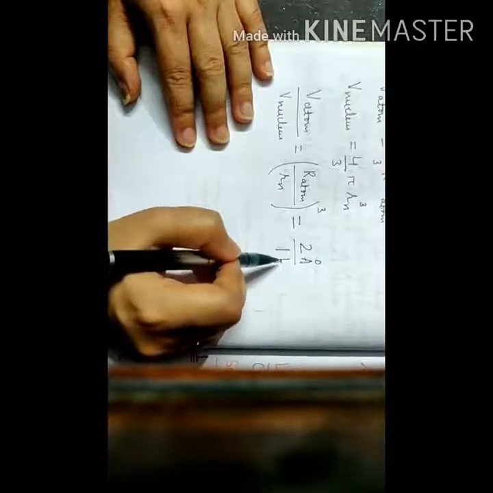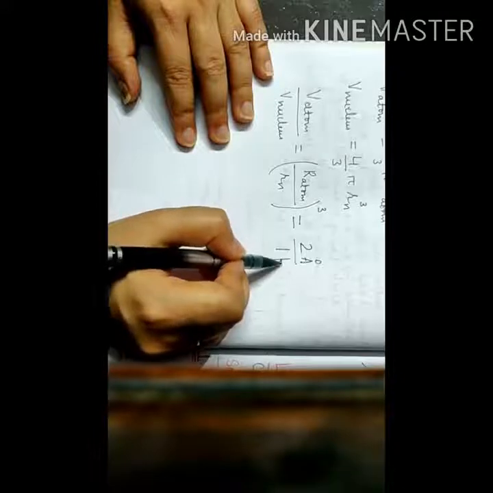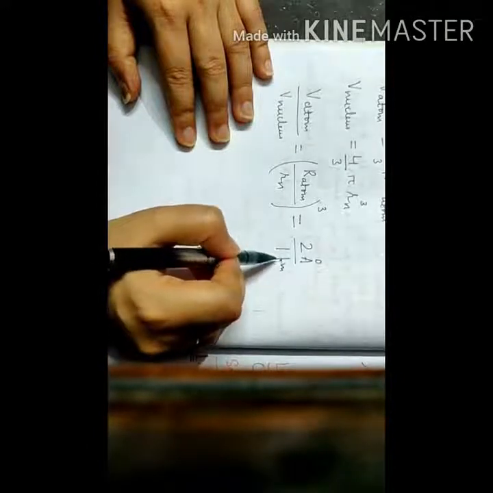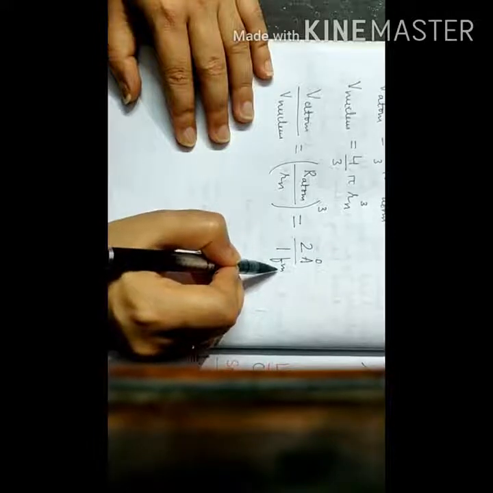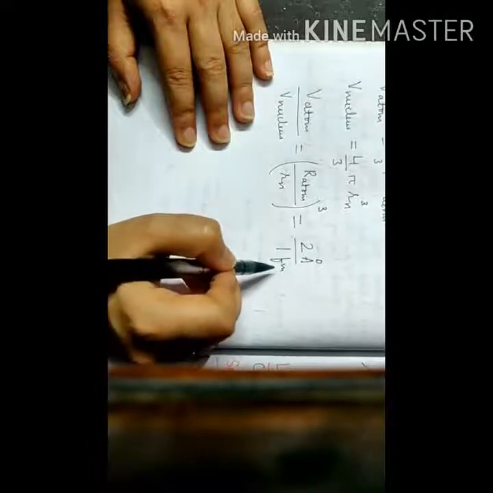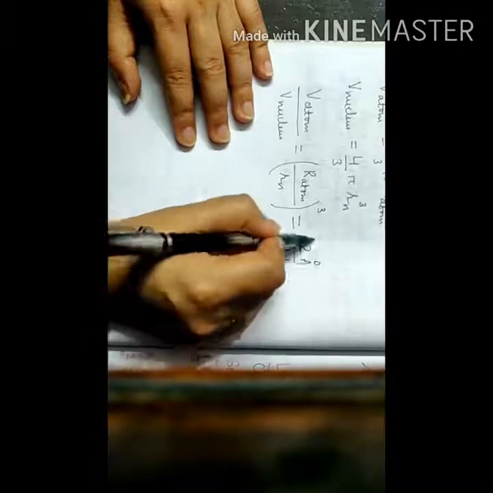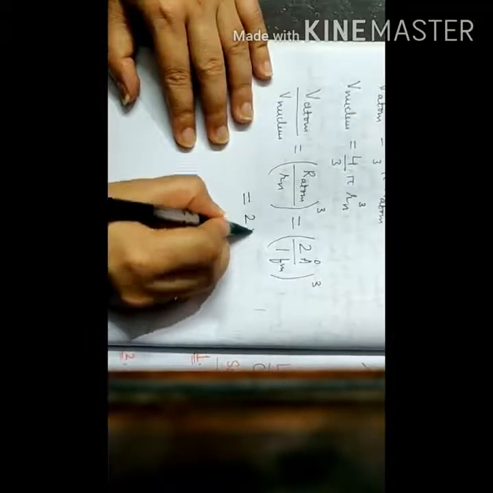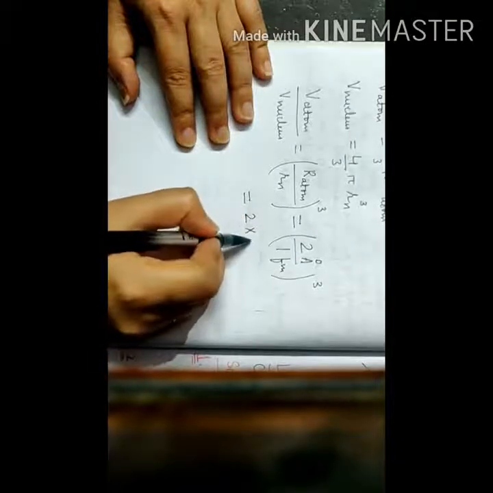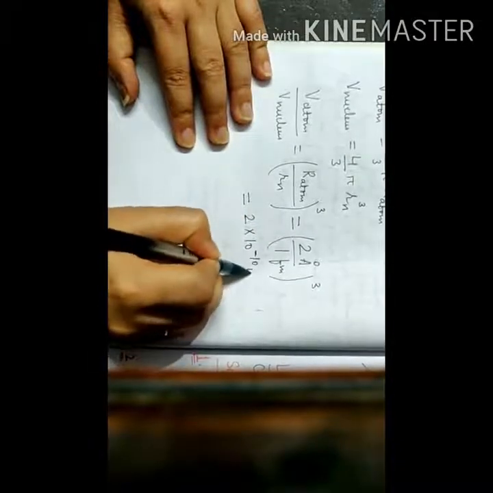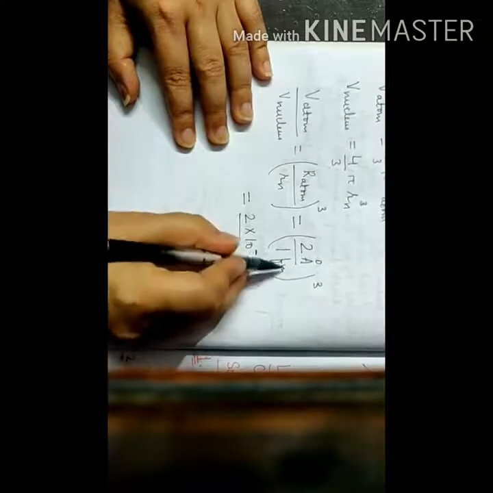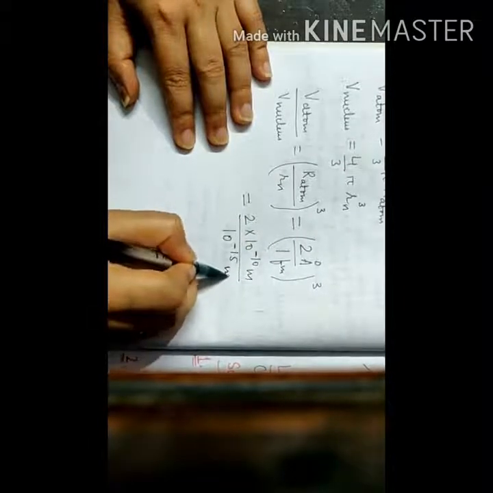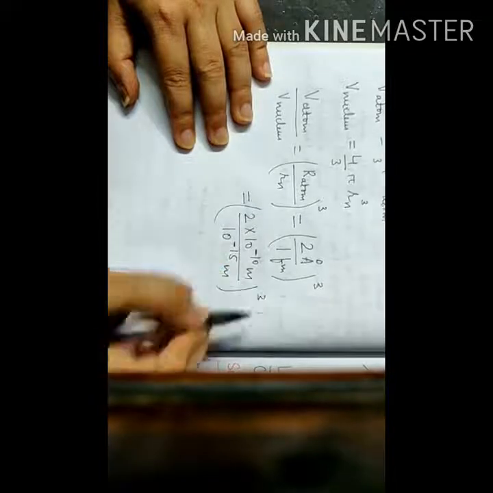Actually, Fermi is an incomplete term. We should write femtometer. Fm. This means 1 Fermi means 10 to the power minus 15 meters. Then whole cube. Now do the conversions. 2 angstrom is equal to 10 to the power minus 10 meters divided by 1 femtometer is equal to 10 to the power minus 15 meter, whole cube.